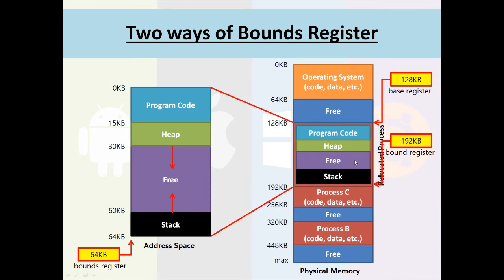So the idea here is that you have one bounds register that represents the size of the address space, but you could implement it another way where you have a bounds register which points to the end of a process within physical space. They both perform exactly the same role and are utilized in the same, or at least a similar way, to convert from virtual to physical addresses.